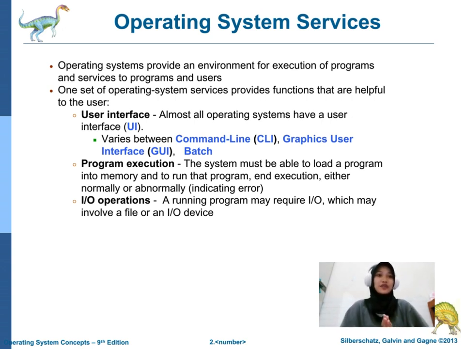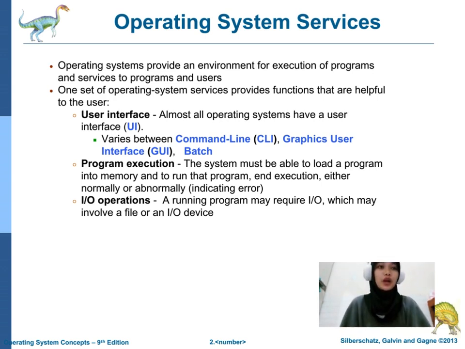Okay, the first is the type of service provided by the operating system. The operating system in general has a user interface, and we can have different types of user interface.